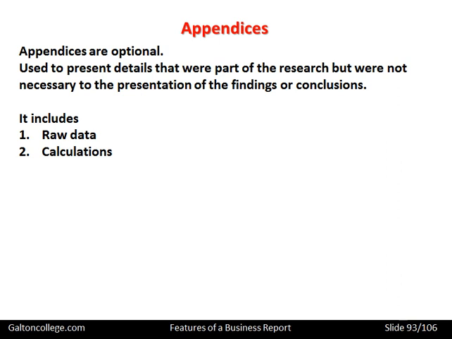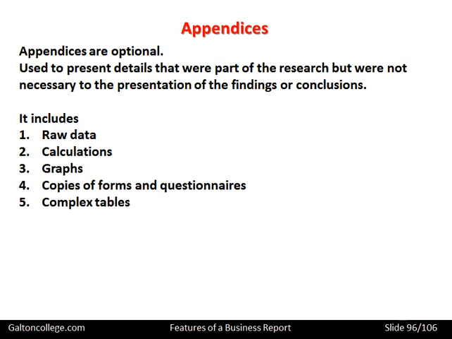So put the calculations into the appendices and reference them, and put in any graphs or charts or copies of forms that were used, questionnaires or any information that was acquired through the use of forms or in the build-up of the forms. That could be included in the appendices. Any complex tables, for example, tables of information which would be too complicated to have elsewhere.